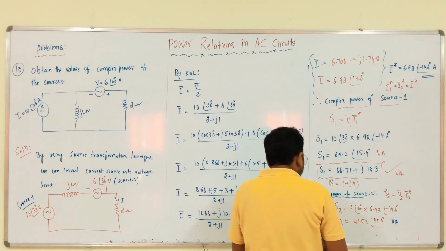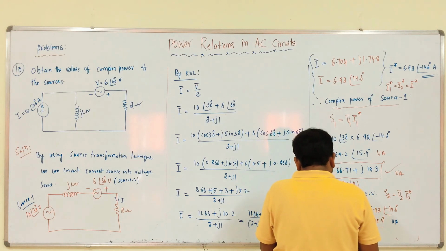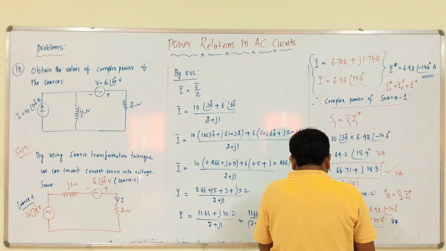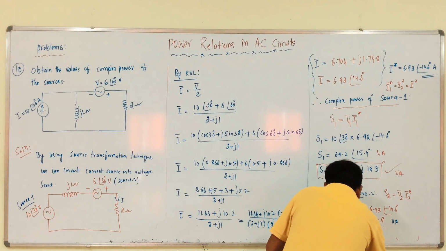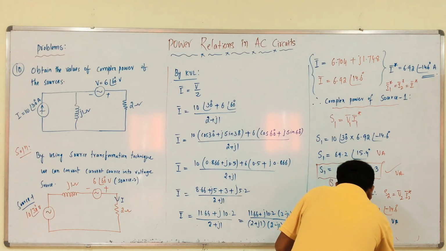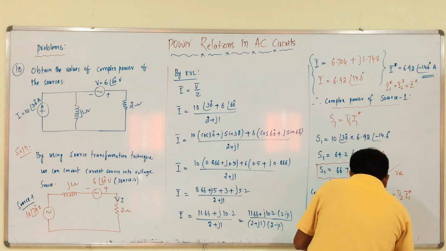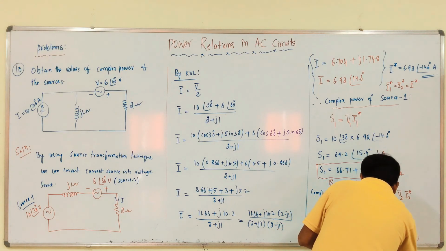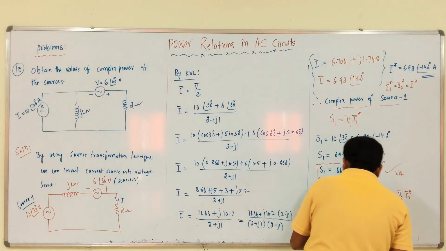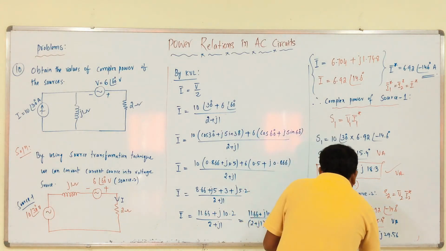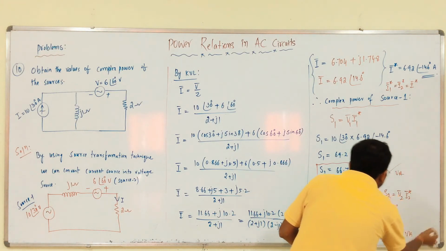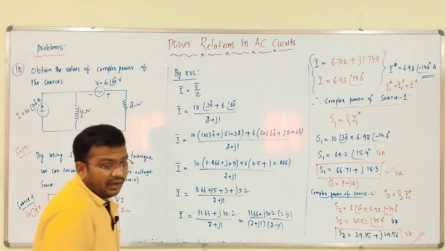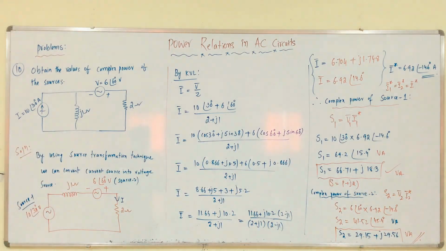So, from this, 41.52 at an angle 45.4 should be 29.15 plus J 29.56. This is in rectangular form, that is volt ampere. That is it. So, like this you can calculate the value of complex power of different sources.